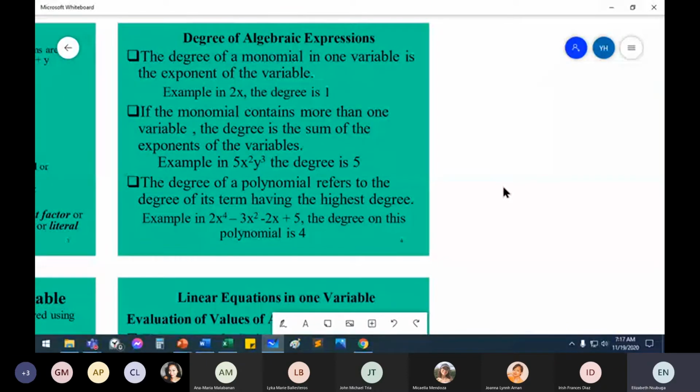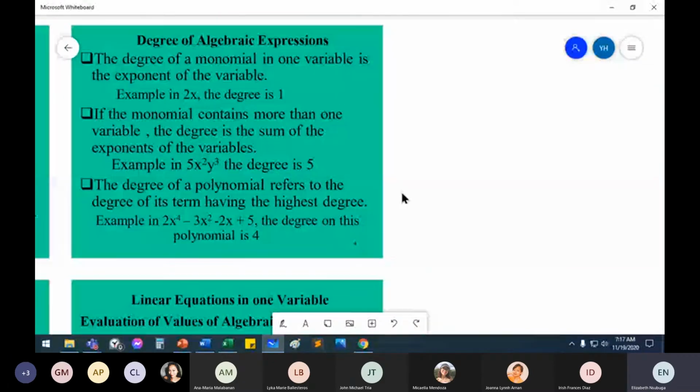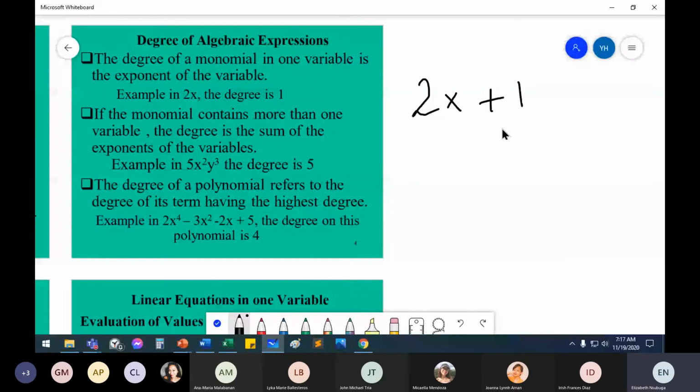So now we talk about the degree. Any linear equation is of the first degree. What does that mean? It means that we don't have any exponents on the variables. For instance, if I have an expression 2x plus 1, or even just a monomial, they will ask you, what is the degree of this expression?